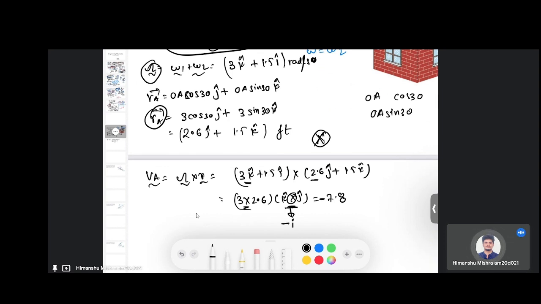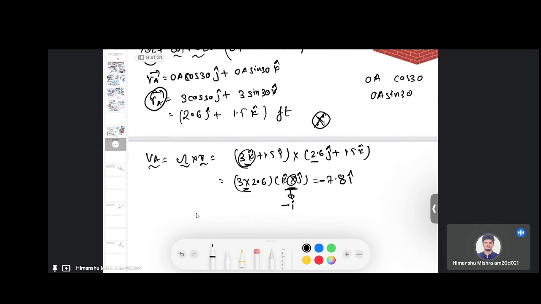So it's minus 7.8 i. Then this and this will be 0 because it's a cross product between k and k, which is 0.